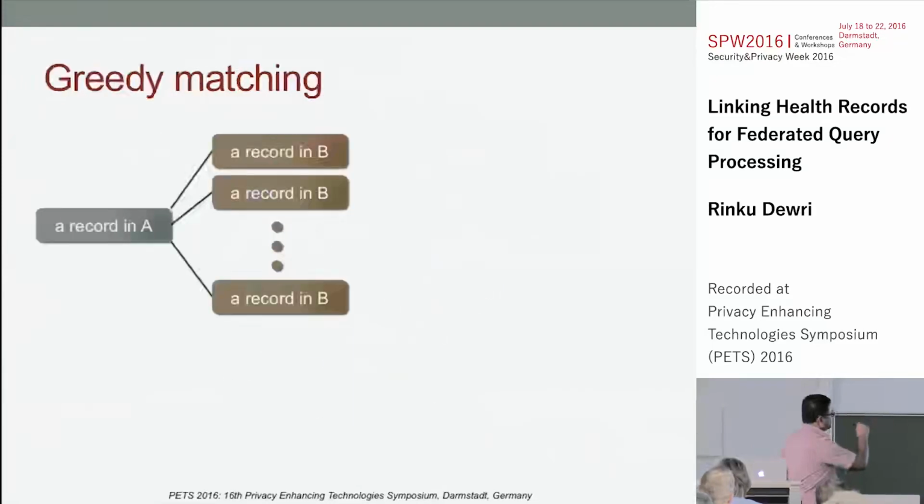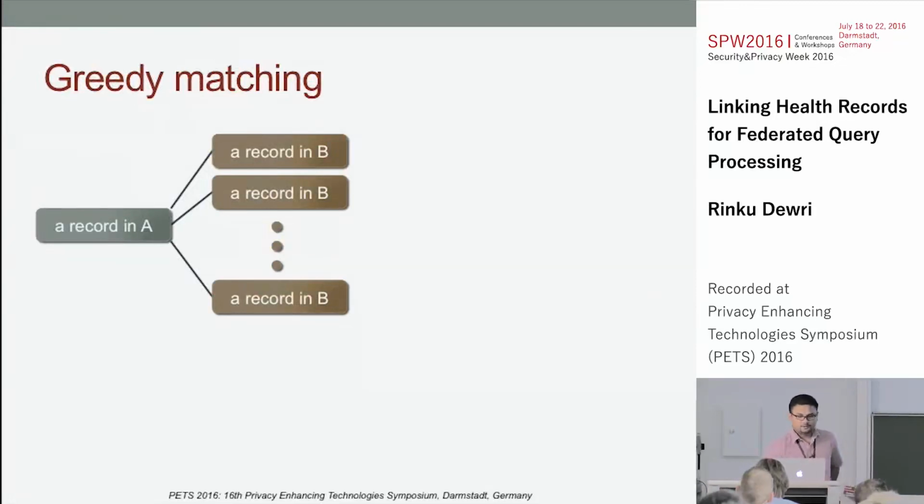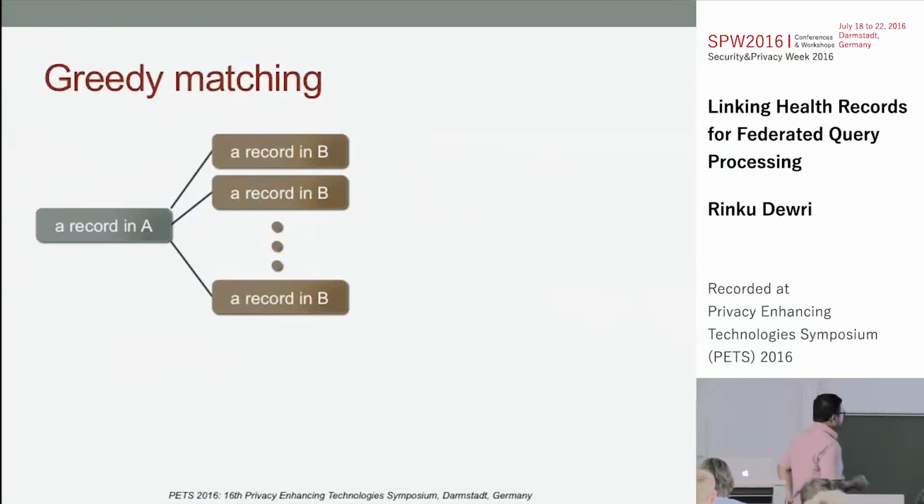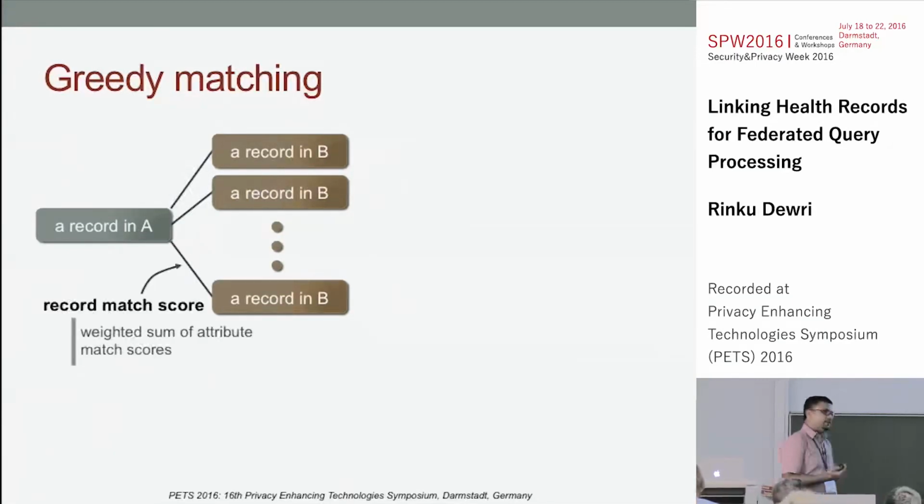We take this problem description of database linking and see how it can be done. The greedy matching way is to take a record in A and compare it with every record in B, and by comparing I mean come up with a score, a number that says this record in A and this record in B belong to the same person.